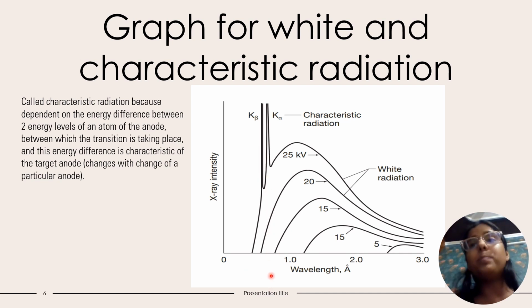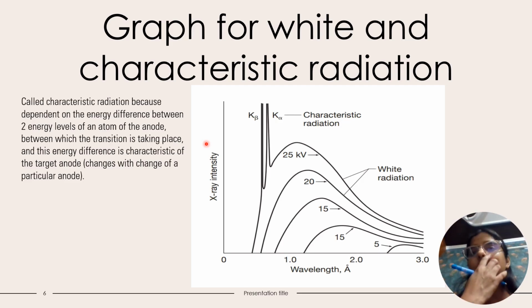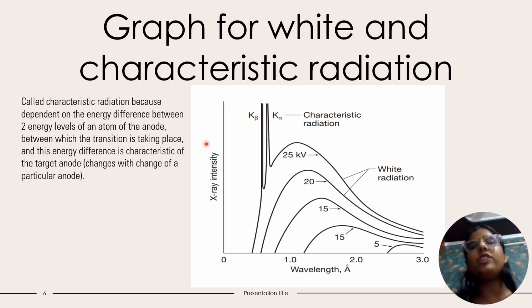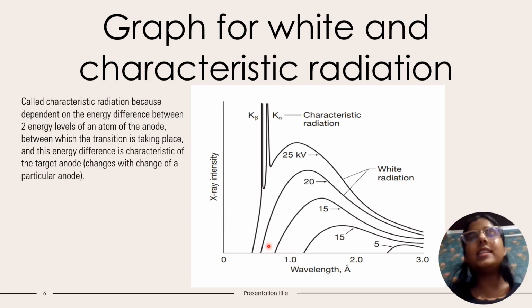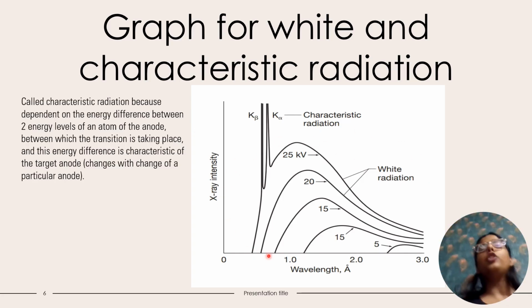It includes many wavelengths, and the K alpha, K beta, which are the denotations of characteristic radiation, we will discuss in next slides. These are the sharp peaks corresponding to very particular wavelengths on the x-axis. So these are the characteristic radiation dependent on the target anode material, and this is the white radiation which is dependent on the external voltage.